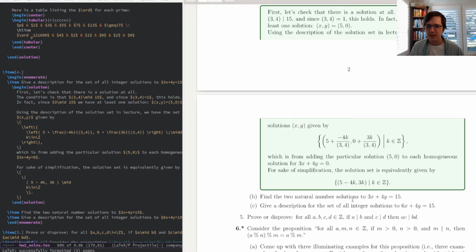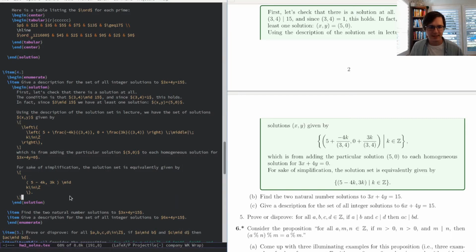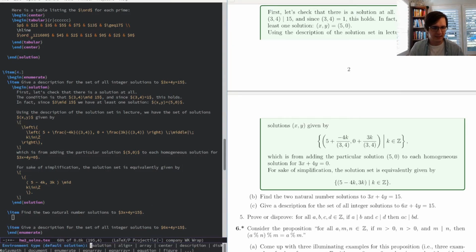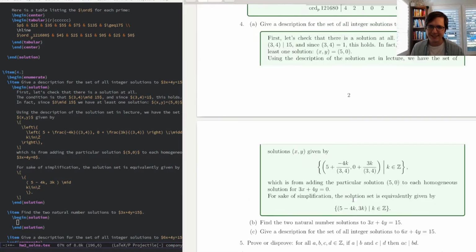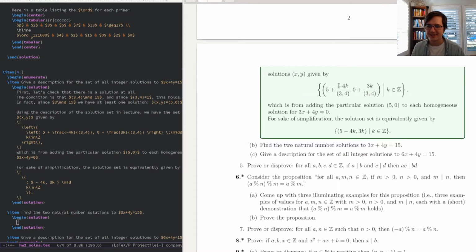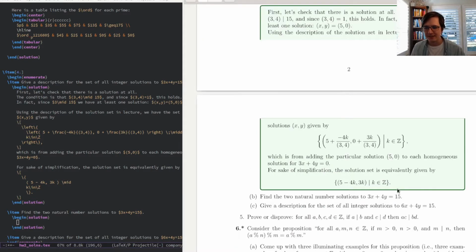So now we want to find the two natural number solutions. How nice of the author of this homework to tell you that there are only two. So also, I guess that answers whether there's a solution, but you can't always trust whoever wrote the questions. So 3x plus 4y equals 15.